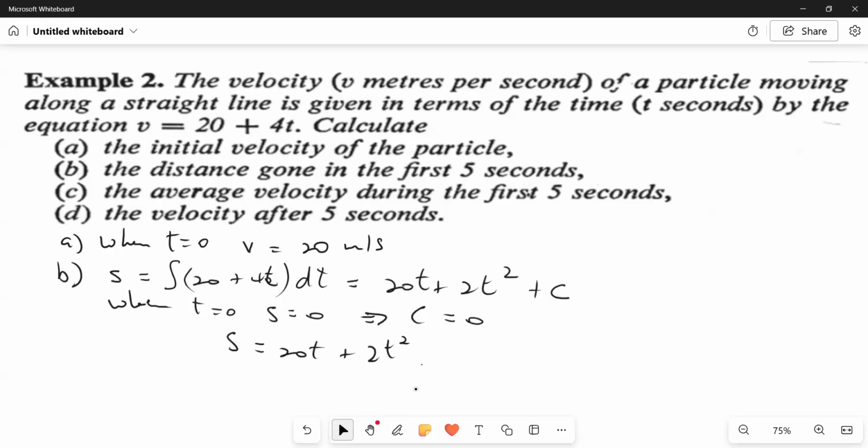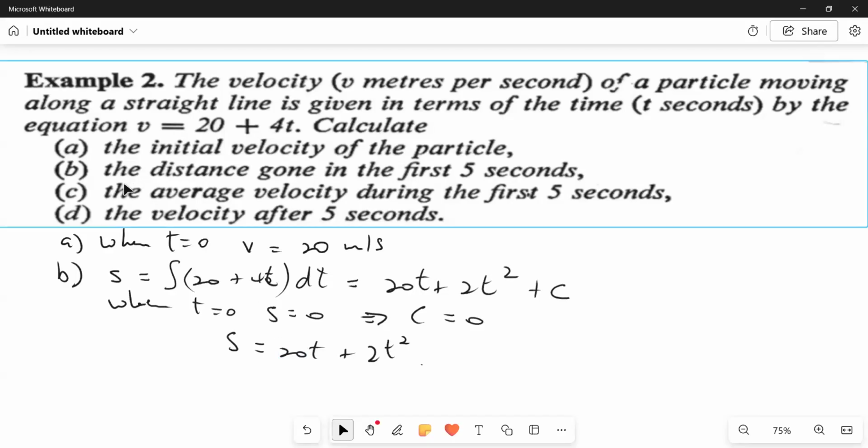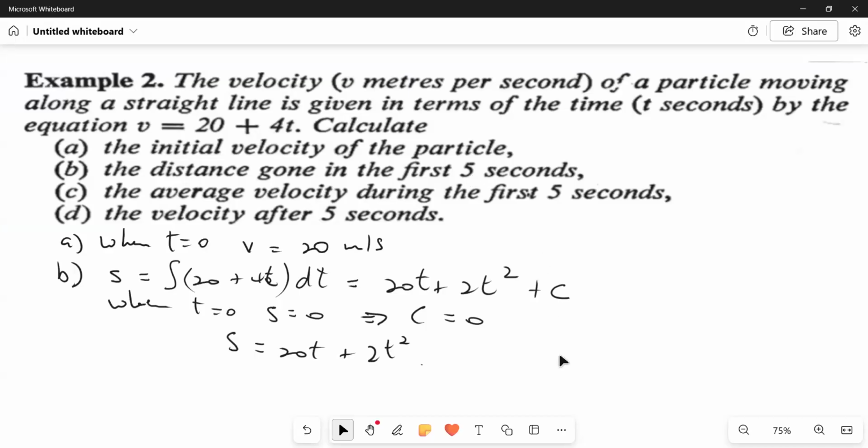So there's no calculus so much there. But they want the, oh, we aren't done. We want the distance gone in the first 5 seconds, right? So what we could do is substitute. You know what? There was another way to do this simply, and we didn't have to evaluate c. I'm going to show you just now.